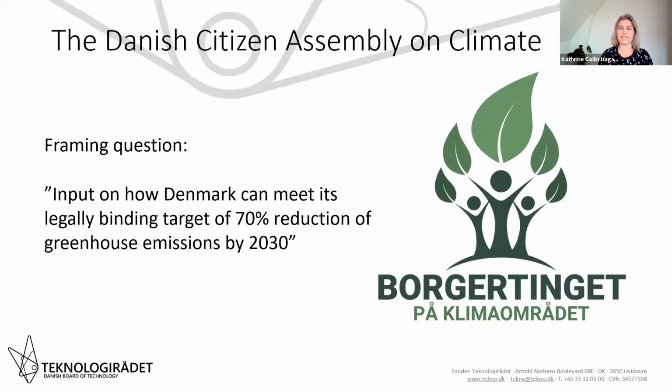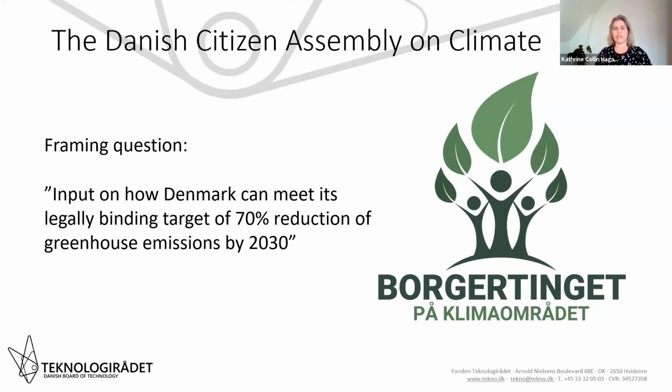I will tell you about the Danish Climate Assembly. We started working in October last year, and the Climate Assembly just finished the recommendations, the first phase, in April this year. They were asked to work with this overall question: to give input to how Denmark can meet its legally binding target of a 70% reduction of greenhouse emissions by 2030.